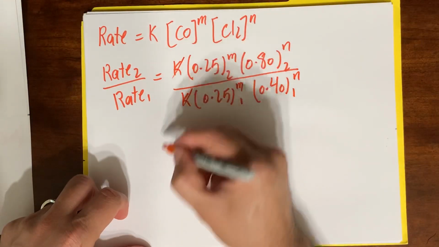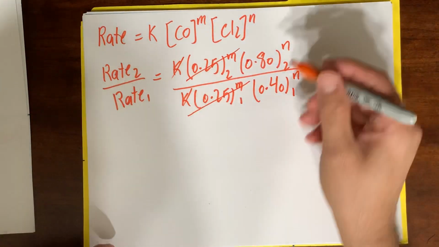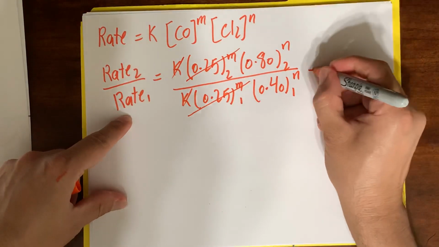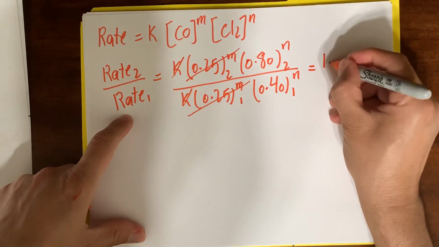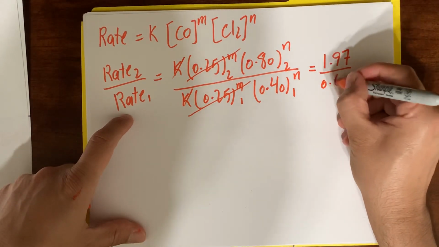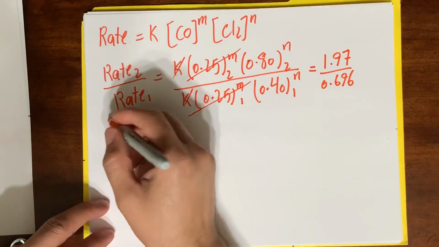Okay, K by K cancels, and the CO term is cancelled by 0.25. So you get rate 2 divided by rate 1. Rate 2 is 1.97, rate 1 is 0.696.